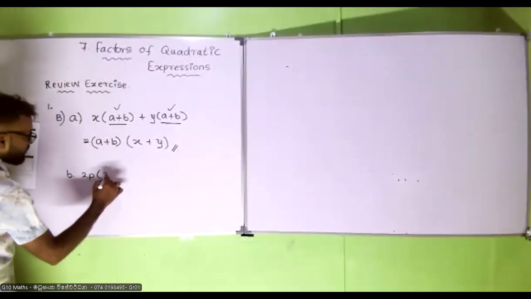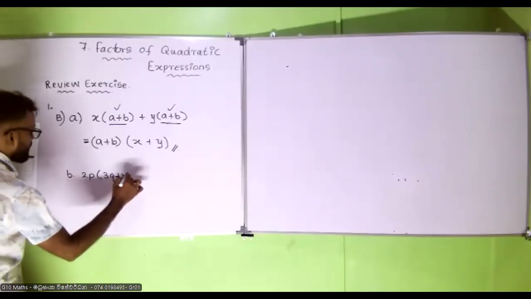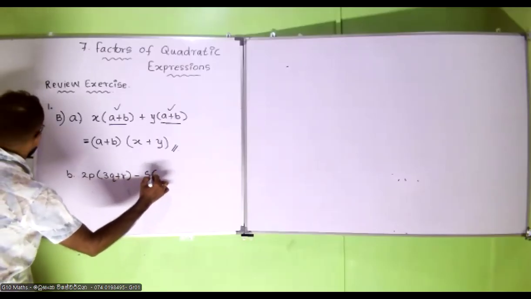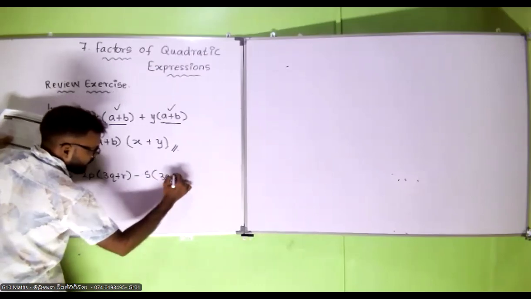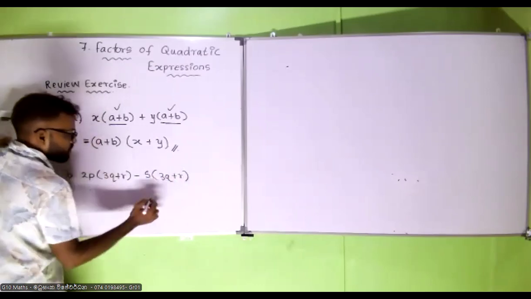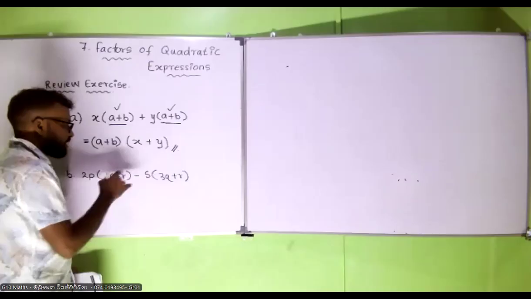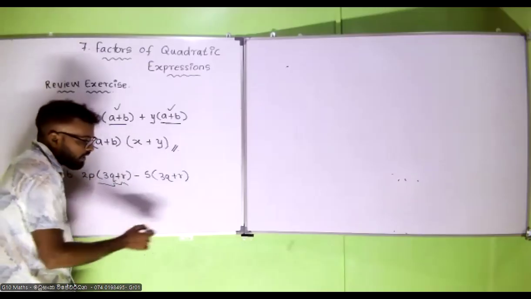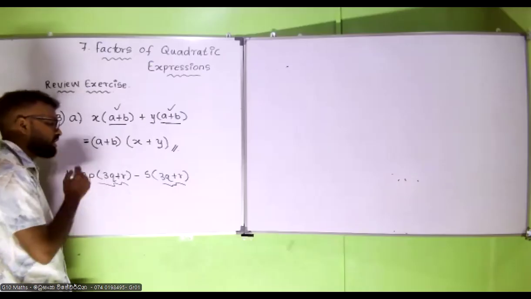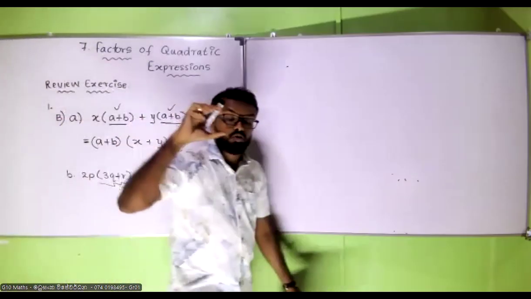2p times (3q plus r) minus s. 3q plus r. So now make it easy, because if you consider this term and this term inside the brackets, you can see those are equal.